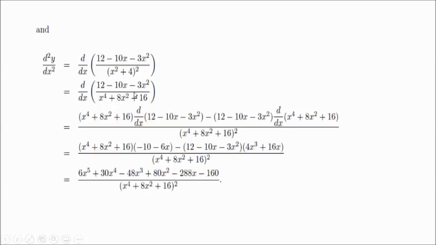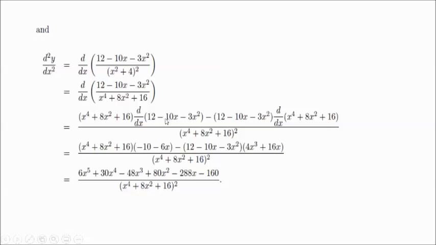Okay? And then, again, quotient rule ito. Copy the denominator, derivative ng numerator, minus copy yung numerator, derivative ng denominator. So again, yun yung rule natin. Then derive. Copy.